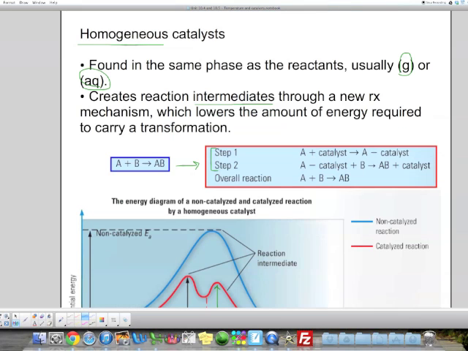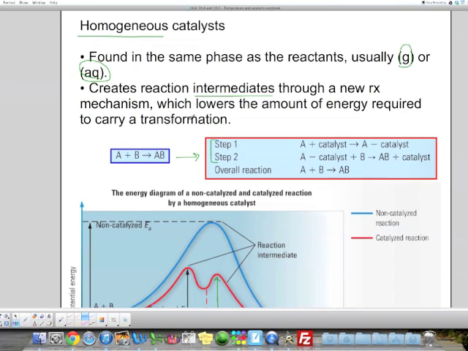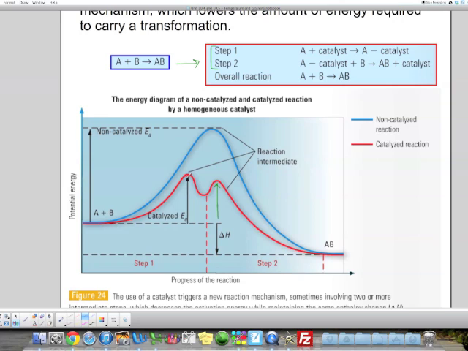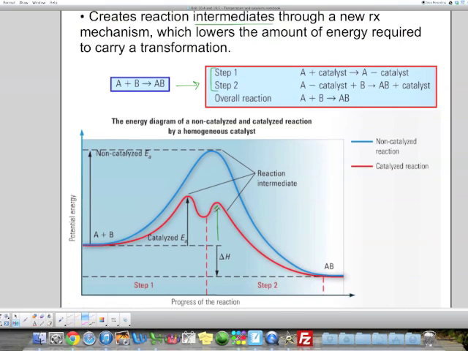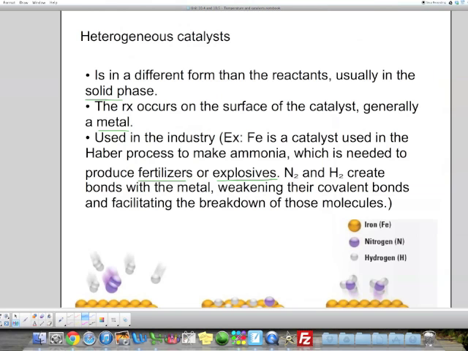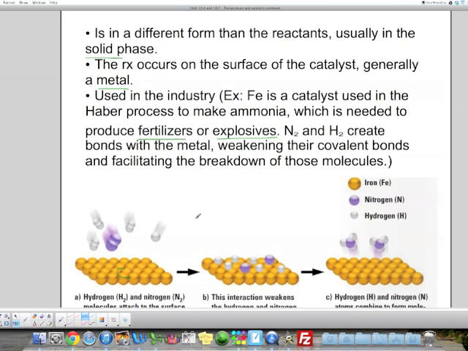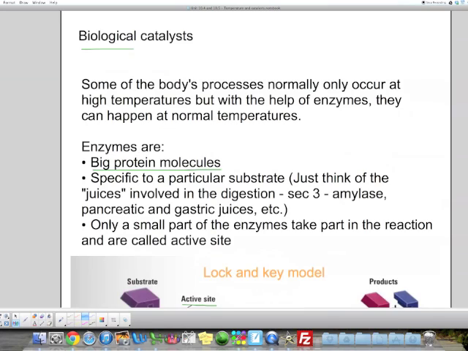And you have to understand the difference between the different types of catalyst. A homogeneous catalyst will create a mechanism, so you'll have several steps to your new reaction. A heterogeneous catalyst will weaken bonds, and this one was just thrown in as general knowledge.